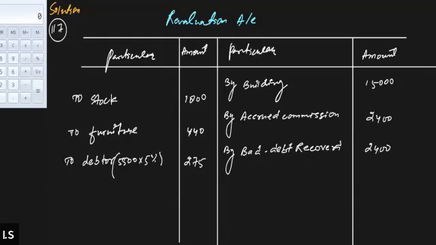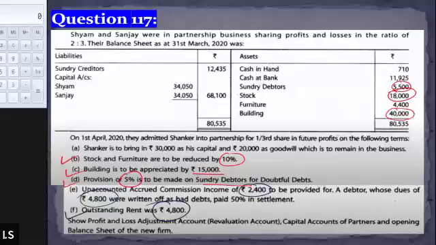So we'll go to the debit side of the revaluation account and write down to outstanding rent, and the amount was 4,800.